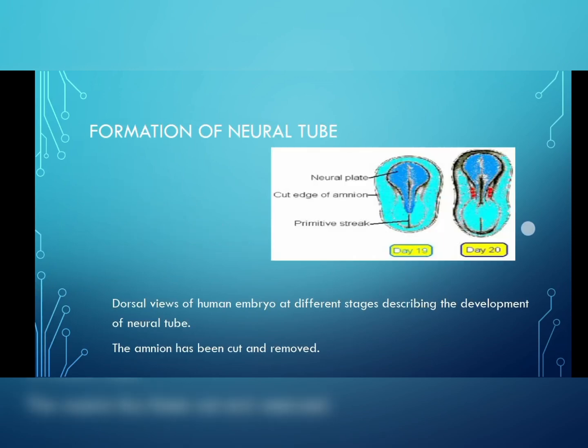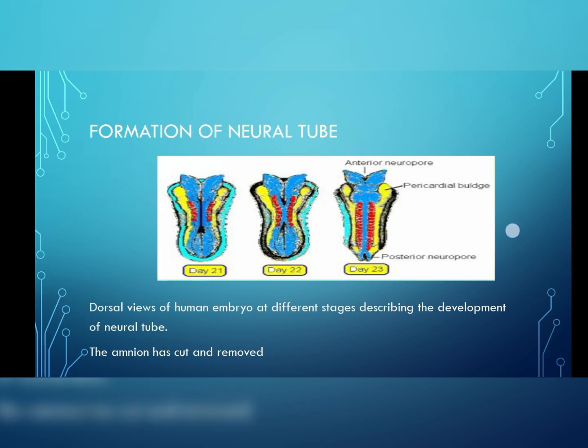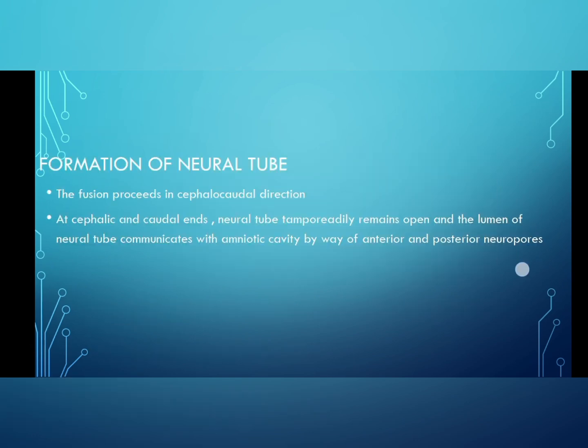Formation of neural tube. Dorsal view of human embryo at different stages describing the development of the neural tube. The amnion has been cut and removed. The fusion proceeds in a cephalocaudal direction.